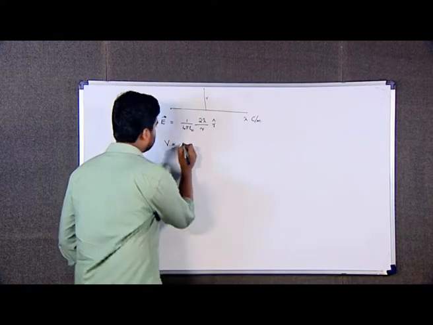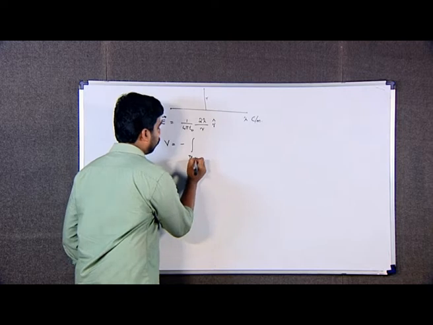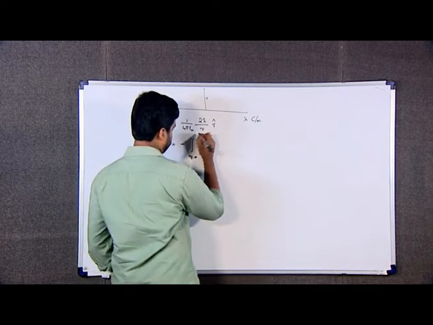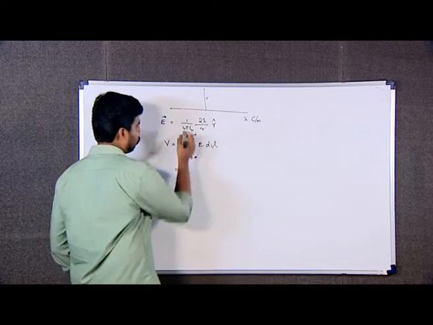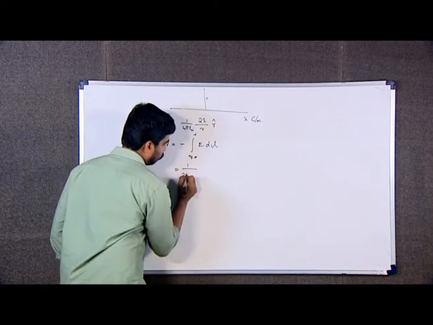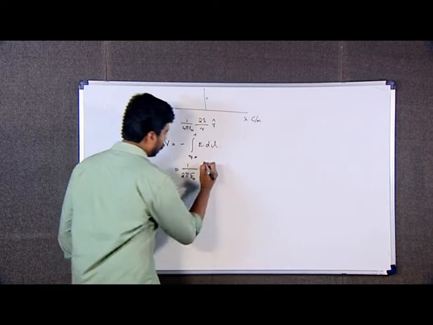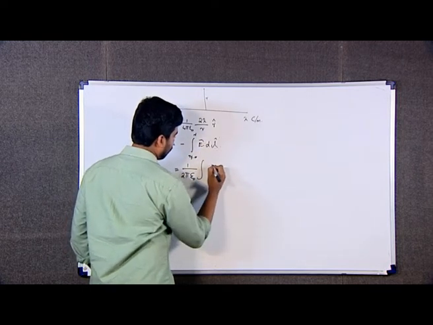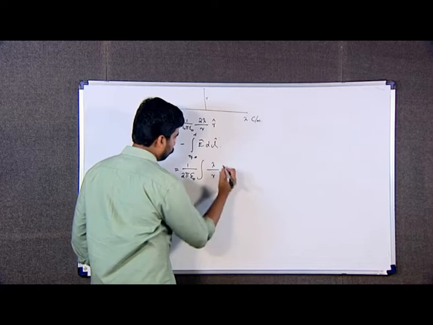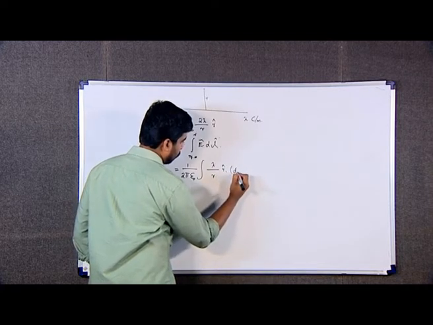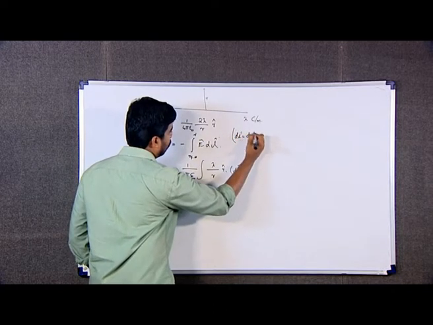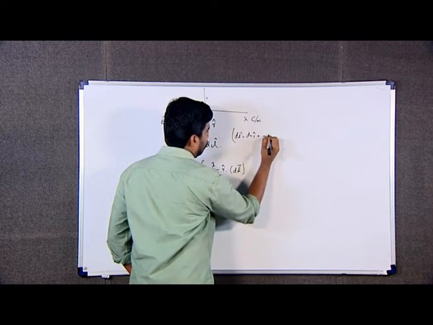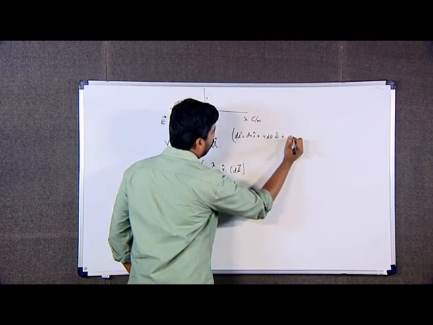By definition, V is equal to minus the integral from the reference point, which is infinity, to the field point r of E dot dl. So, I can simply write this as 1 by 2 epsilon 0 into the integral of lambda by r into r cap dot dl, and dl is equal to dr r cap plus r d theta theta cap plus r sin theta d phi phi cap.